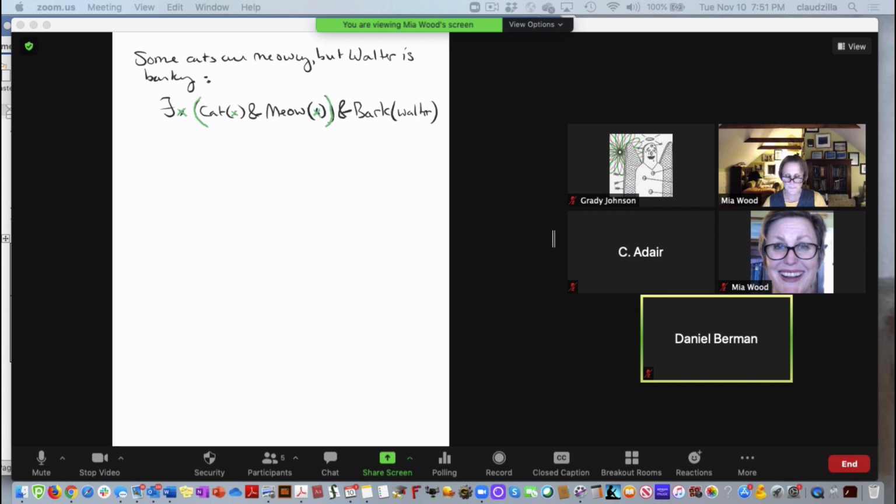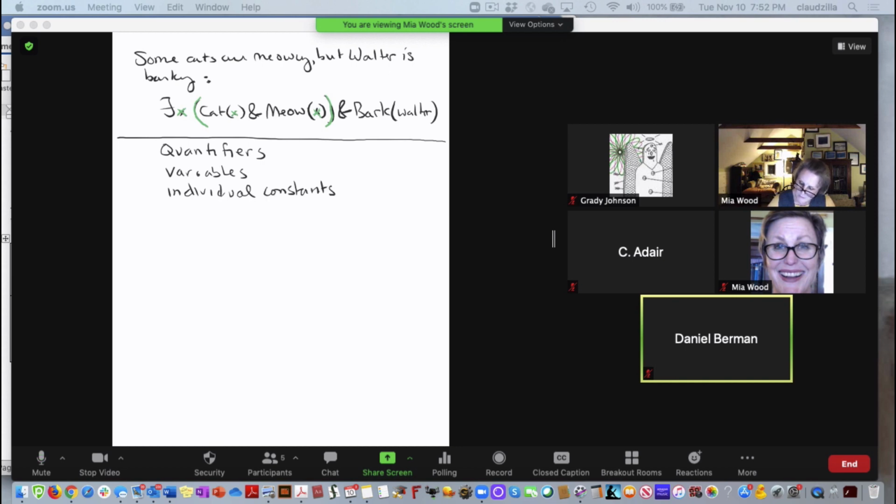Okay, so let's do a super quick review on what we've got. We've got quantifiers, variables, individual constants, names, right?